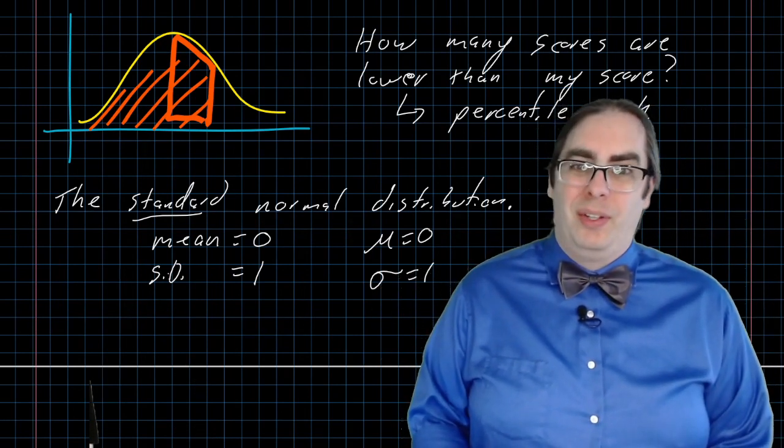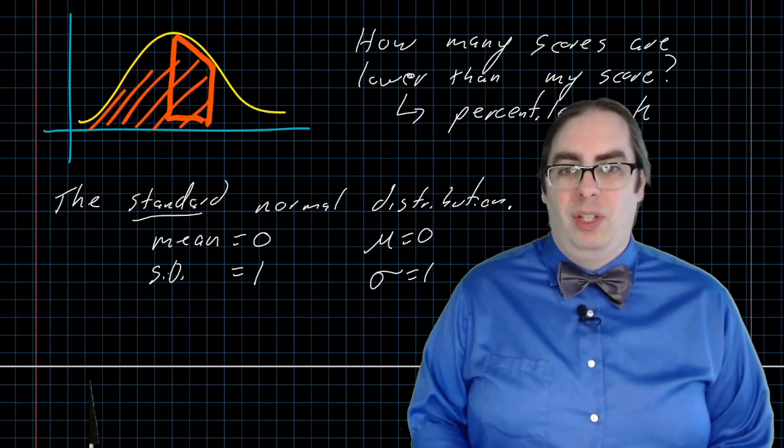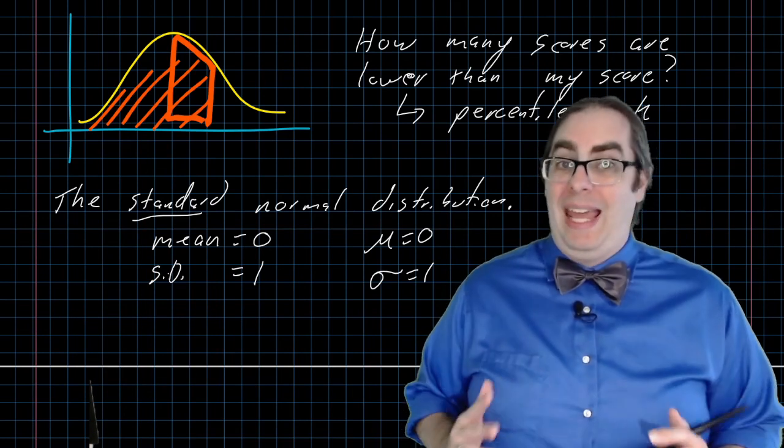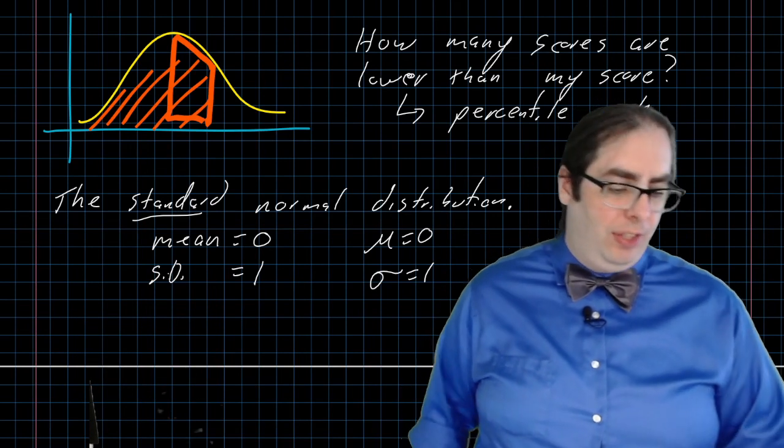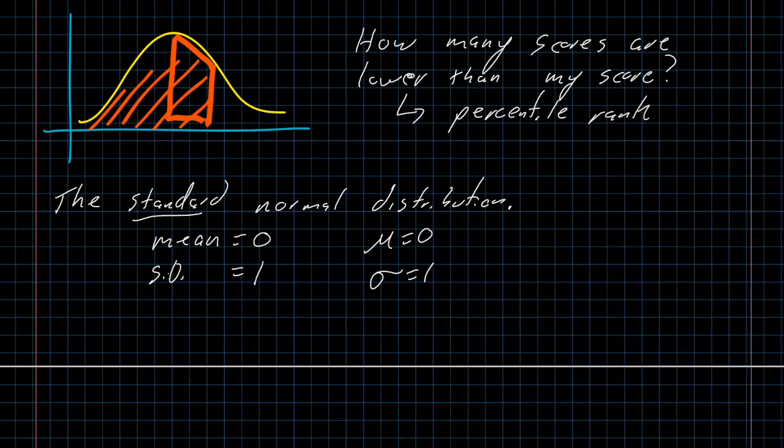It turns out that there is a really nice transformation between any normal distribution and the standard normal distribution. It is called the z-score. So the standard normal distribution is sometimes also called the z-distribution, because if you have a known z-score, that takes your score from any distribution you are studying into the normal distribution.